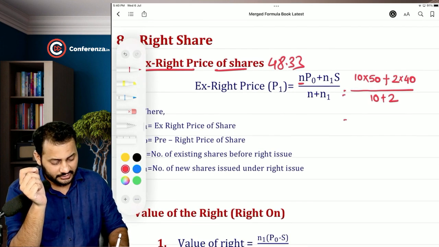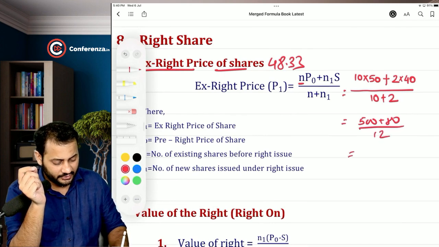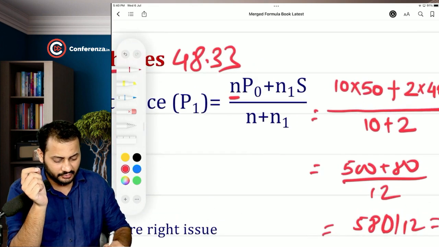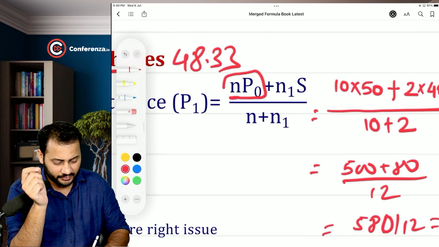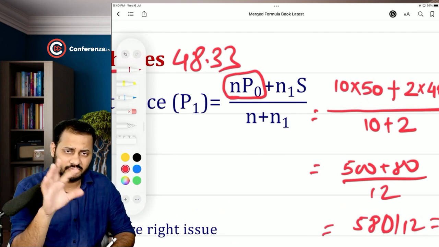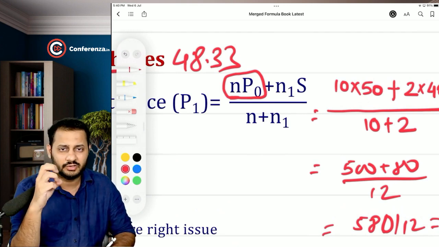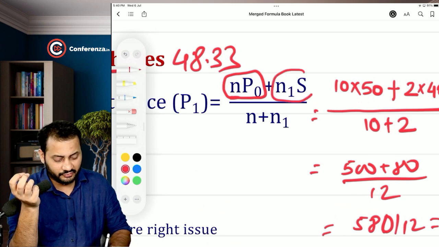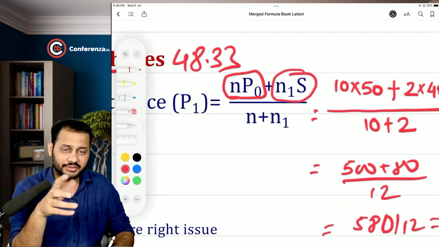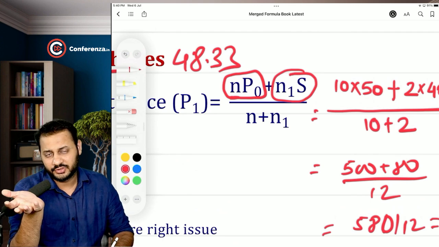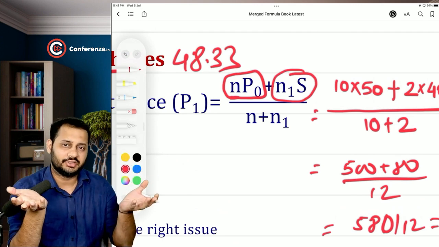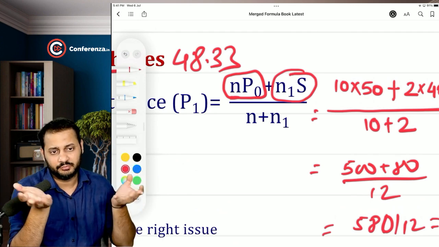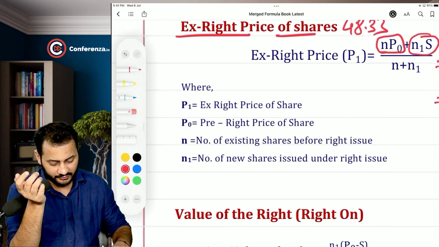So in total it is the same formula, 500 plus 80 divided by 12, that is 580 divided by 12, that is 48.33. Are you getting this formula? This is the market value of the company before right issue. Understand the logic, forget about the formula. Market value of the company before the right issue, plus additional funds raised in the right issue, divided by the number of share before right issue and additional shares issued. 10 plus 2.